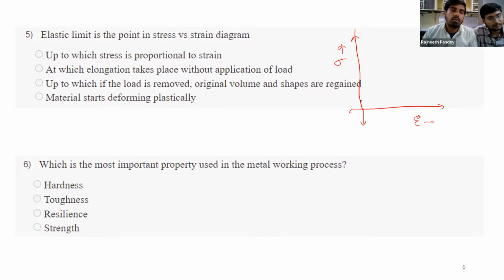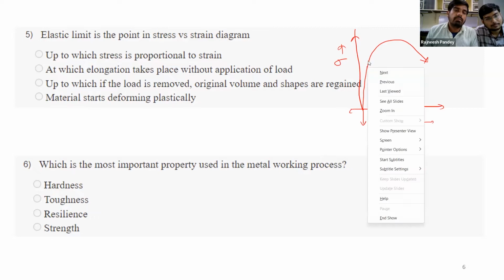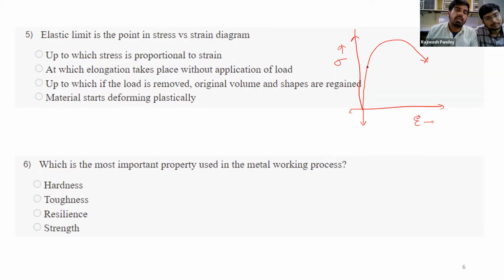As also discussed in the module, this is the typical stress strain curve for a ductile material. If you see, there are three crucial points in this diagram: one is the proportionality limit, another is the elastic limit, and then we get the yield point.